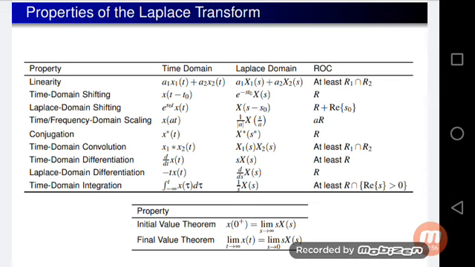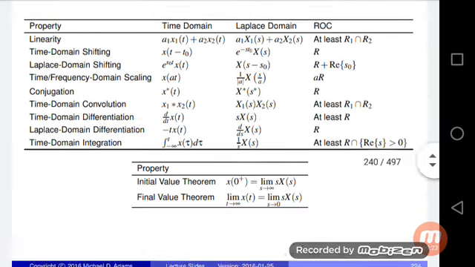Initial value theorem: x of 0 plus equals limit as s tends to infinity of s X of s. Final value theorem: limit as t tends to infinity of x of t equals limit as s tends to 0 of s X of s. These are the properties of the Laplace transform.